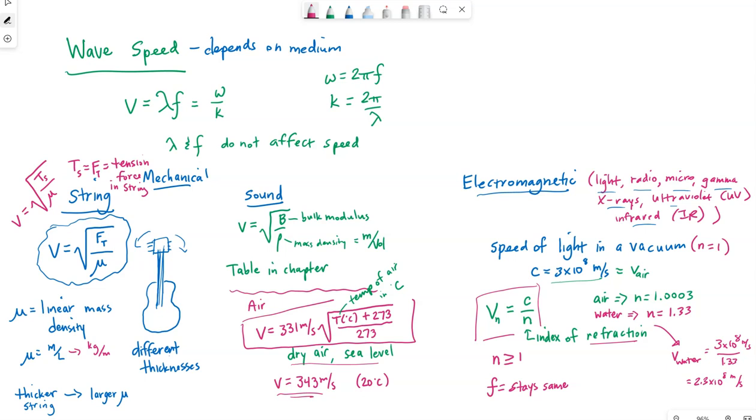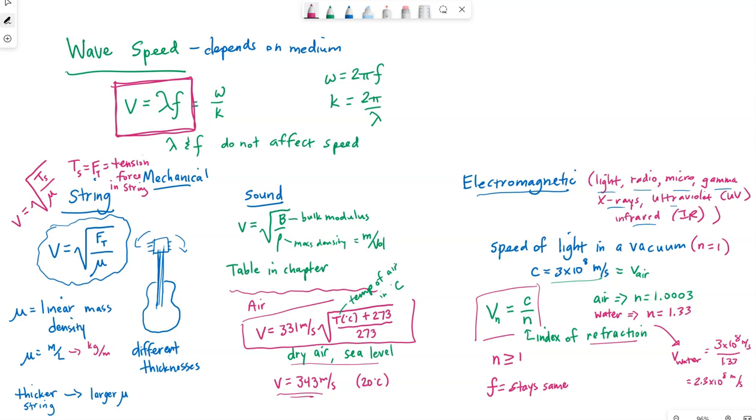But if the frequency is staying the same and the speed itself is decreasing, if we come back to our equation at the top where we relate speed to wavelength and frequency, the speed changes as the electromagnetic wave goes to a new material.